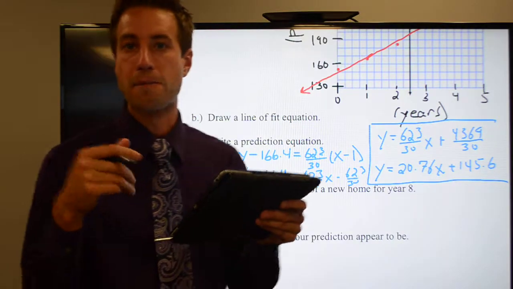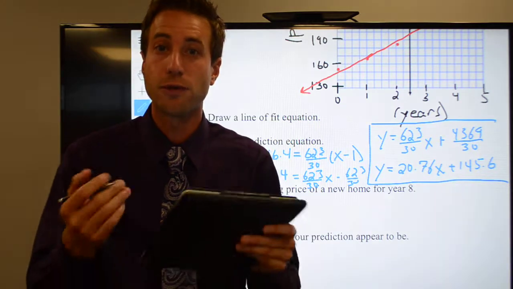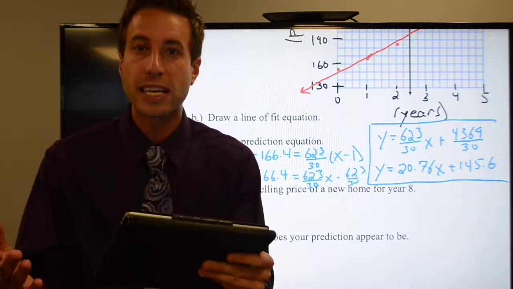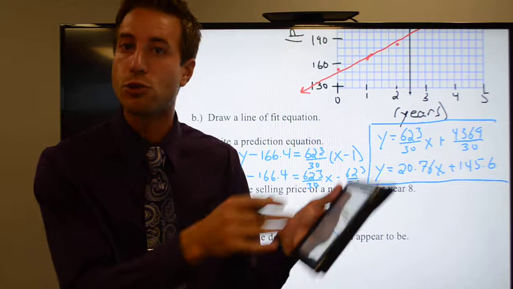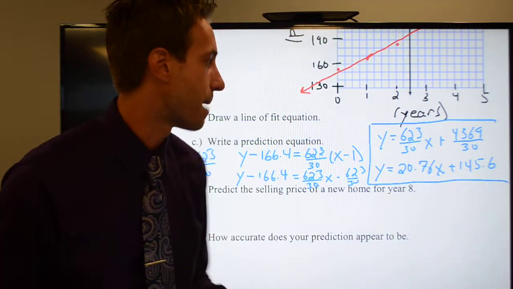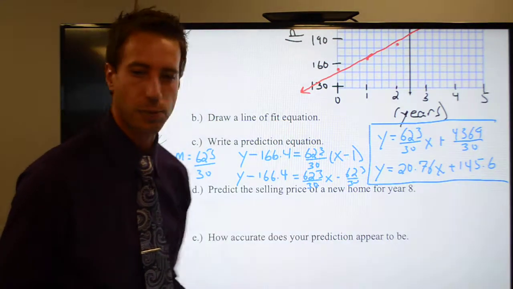If you own a company, right? And you're trying to predict future sales or predict future profits, you look at what you've done in the past, come up with a prediction equation, much the same way that we have, and you could predict future sales or future profits or even future costs for that matter. So tons of power here when it comes to these prediction equations.